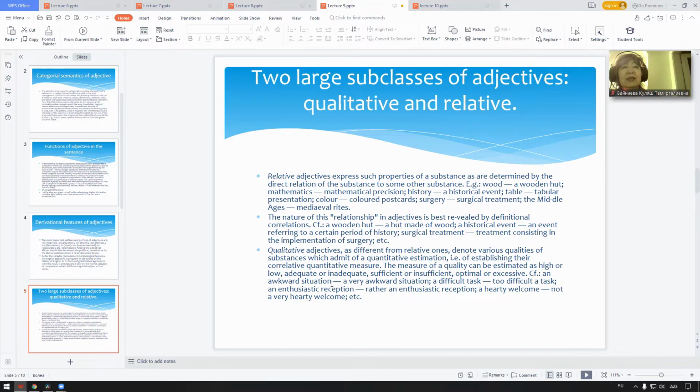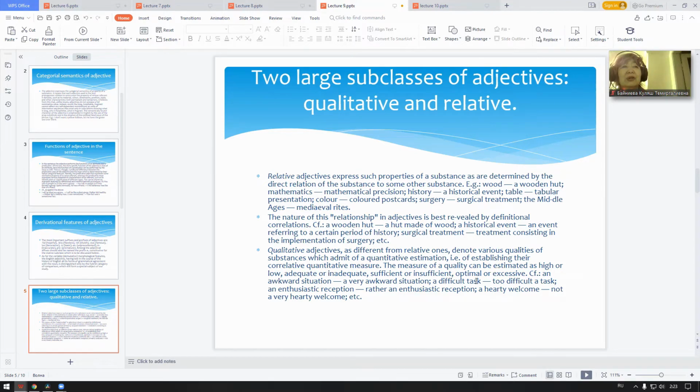Qualitative adjectives, as different from relative ones, denote various qualities of substances which admit of a quantitative estimation, that is, of establishing their correlative quantitative measure.